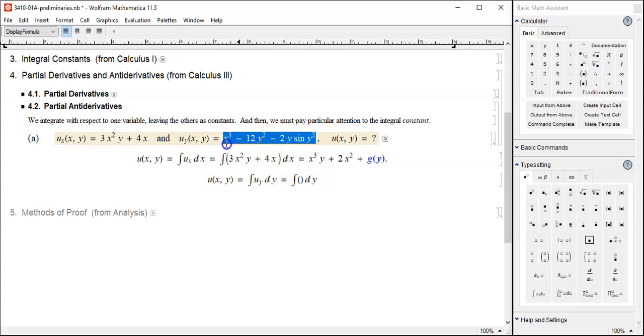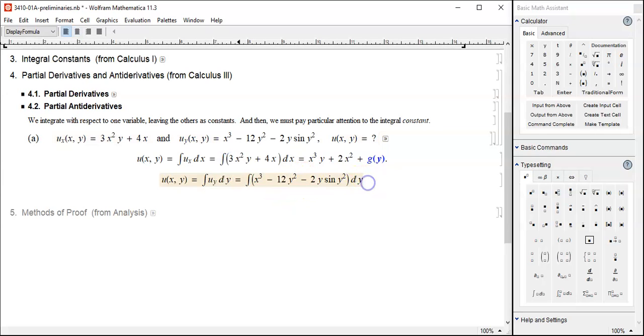And here's my function. Alright, now let's take the antiderivative with respect to y. What's the antiderivative of x cubed? Is it 1/4 x to the 4th power? No, it's not. X cubed is constant here. So this is, as a matter of fact, x cubed y.